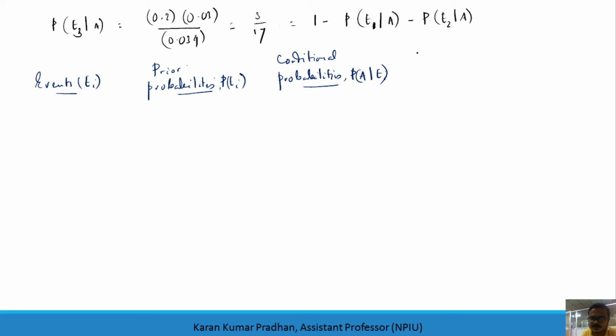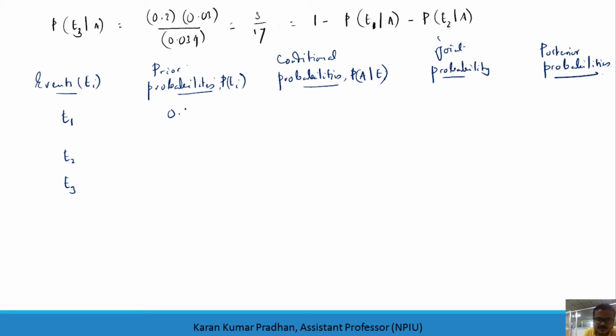Then your joint probabilities, which we have to add up, right? Then your posterior probabilities, right? So now let us go for E1, E2 and E3, which are the supplies of X, Y and Z.